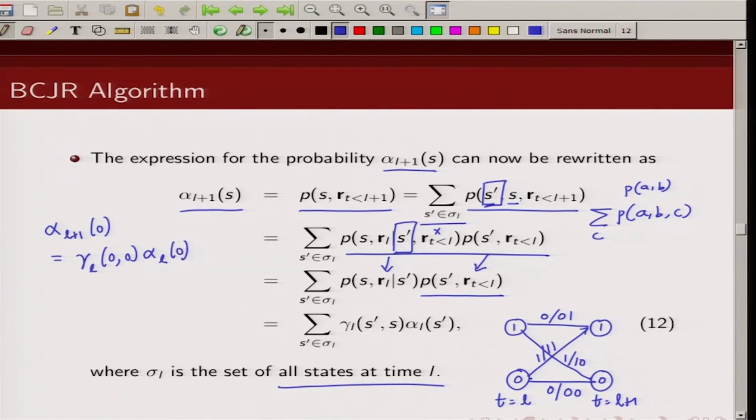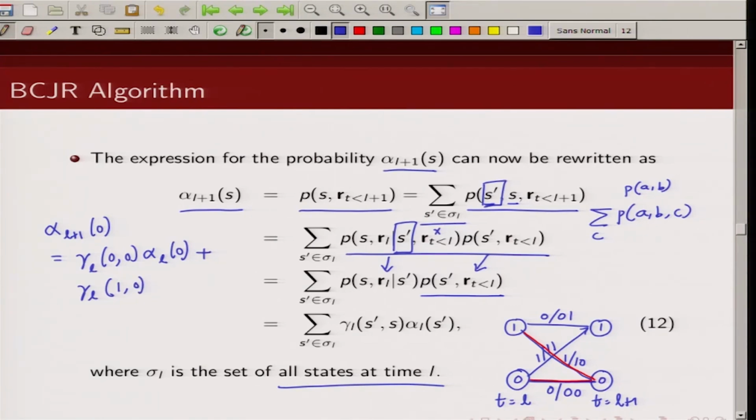This is corresponding to this transition, this term will come. Fine. Now, there is another transition here, basically this. So, we can write plus gamma L 1 0.